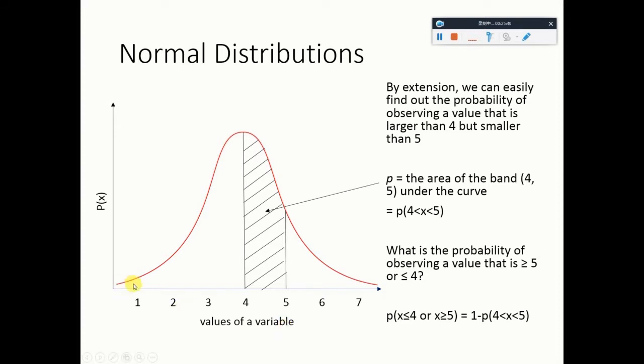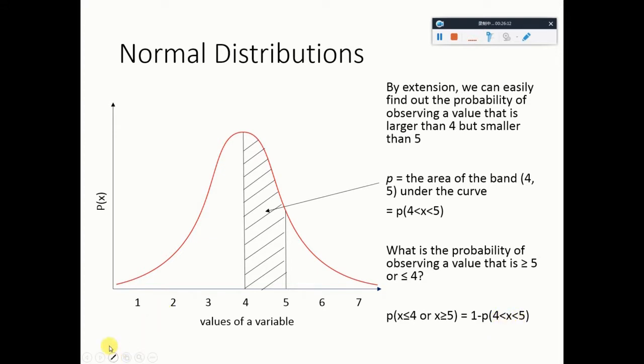So the total area under this curve is 1, and if we already know the area of the shaded part, then the area left will be 1 minus the probability of observing any value that's larger than 4 and smaller than 5.